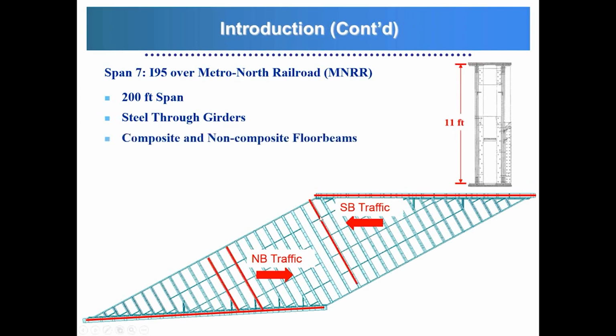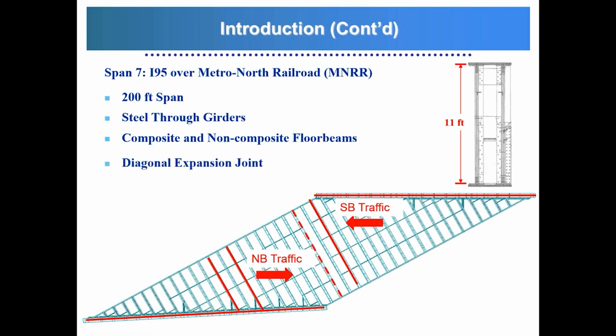Then we have our composite and non-composite floor beams that are running at a skew angle with respect to the direction of traffic. And here the floor beams are supported at this end by pier number 6, and then over here by pier number 7. Then the other ends of the floor beams are connected directly to the through girders.